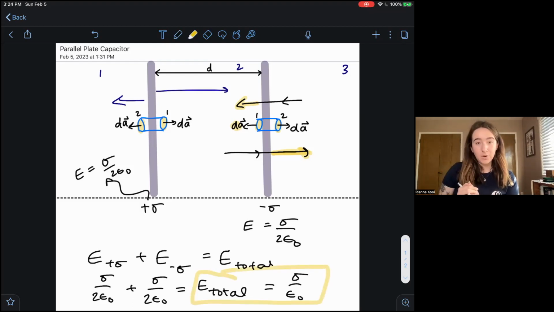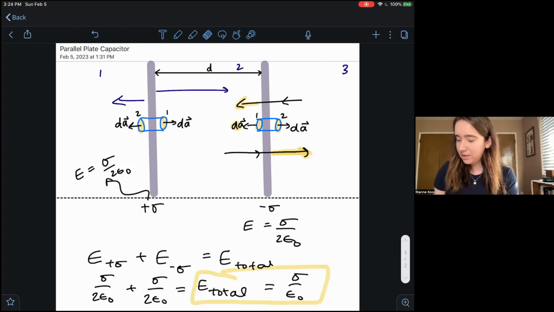So there we go. That is the E field between two parallel plates. It's just sigma over epsilon naught. There's no dependence on d, which is crazy, right? Okay, so let's clean this up a bit, and then we'll solve for the potential.